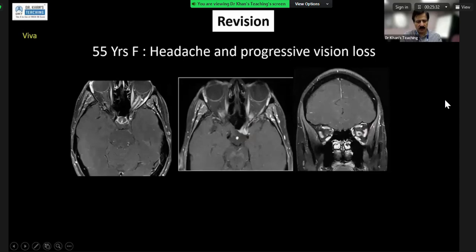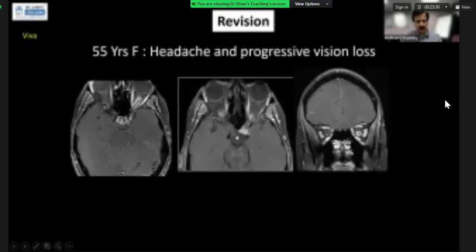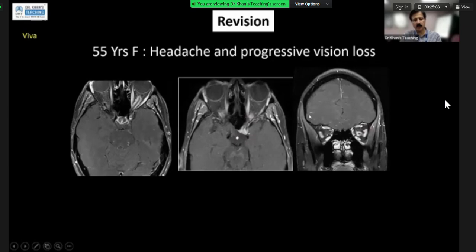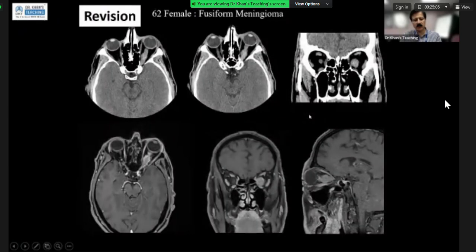You can see that there is enhancement of the meninges surrounding the optic nerve, and this enhancement goes all the way here. This is the pituitary gland, so it is going through the optic foramen. And on a coronal, this is a post-contrast fat-saturated T1. You can see all of the meninges enhancing. So this is optic nerve sheath meningioma.